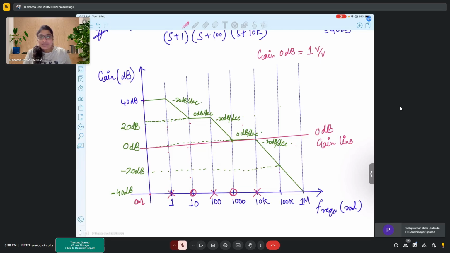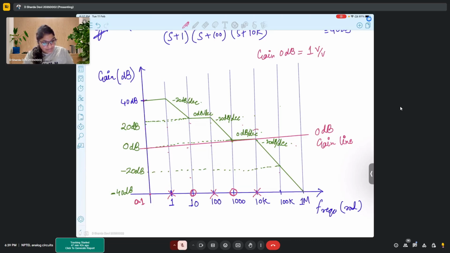And the frequency at which your frequency response cuts the 0 dB point and your gain starts moving below 0, we call that gain crossover frequency.